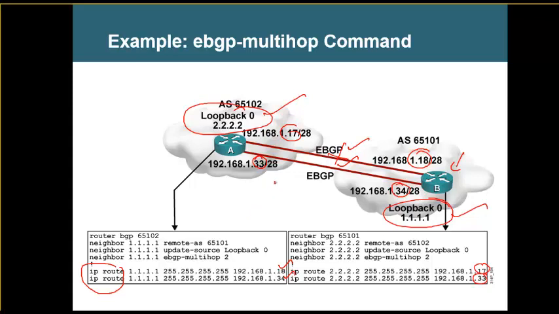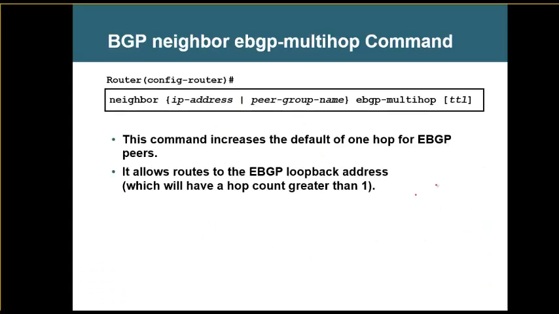Next, do you remember eBGP neighbors need to be directly connected? To make sure the eBGP neighbors are directly connected, BGP has the default time to live as 1 to ensure that neighbors are directly connected.